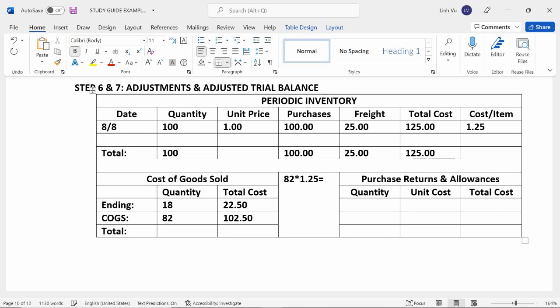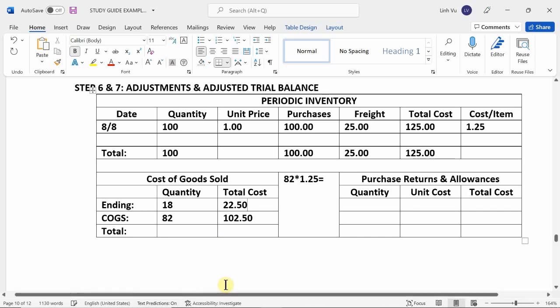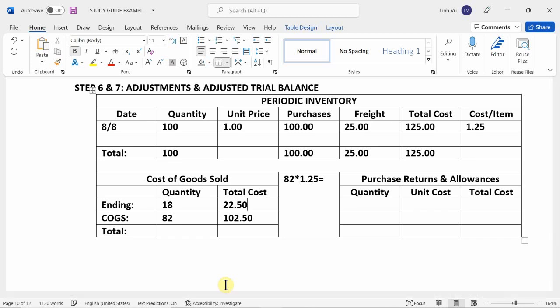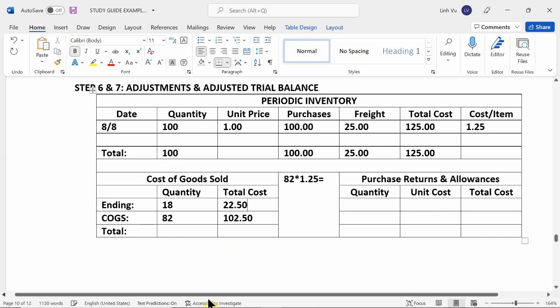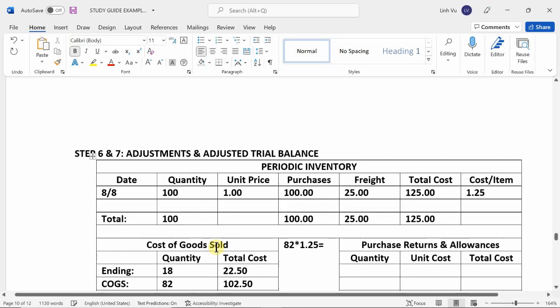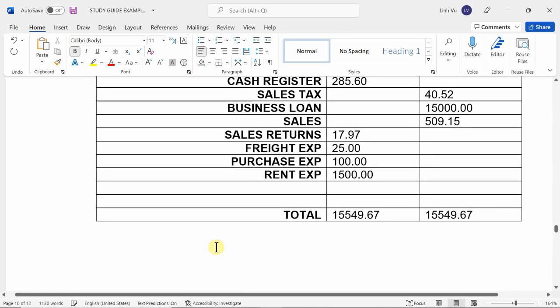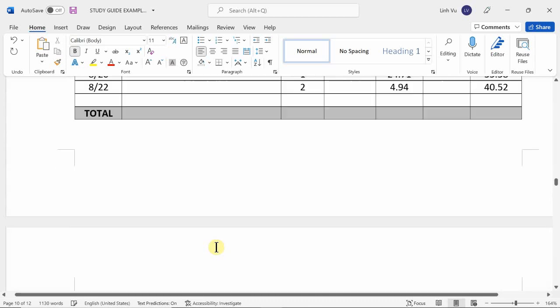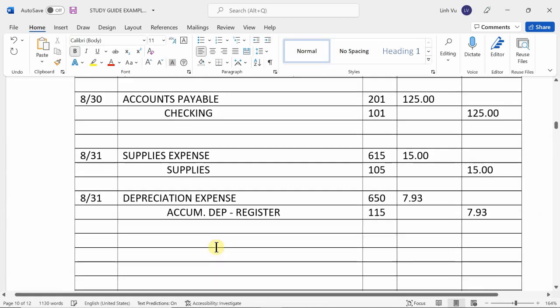And if you actually add up these totals, it does equal $125. So there you go. Now I can complete my conversion entry. I got $22.50 worth of coffee mugs. I sold $102.50 of coffee mugs. So how do I do my conversion entry again?